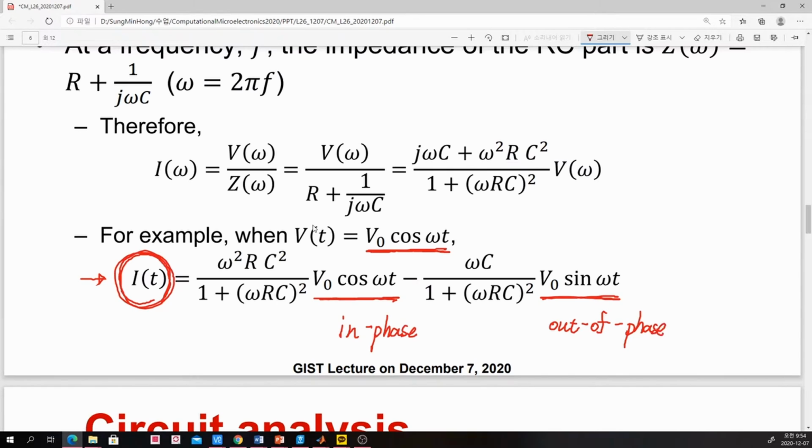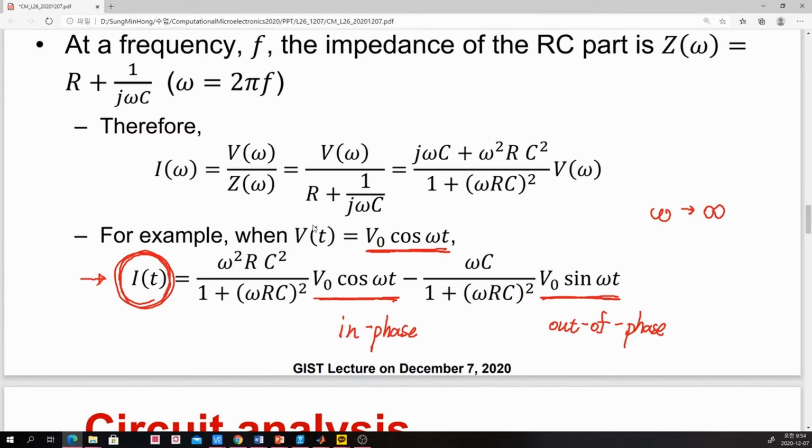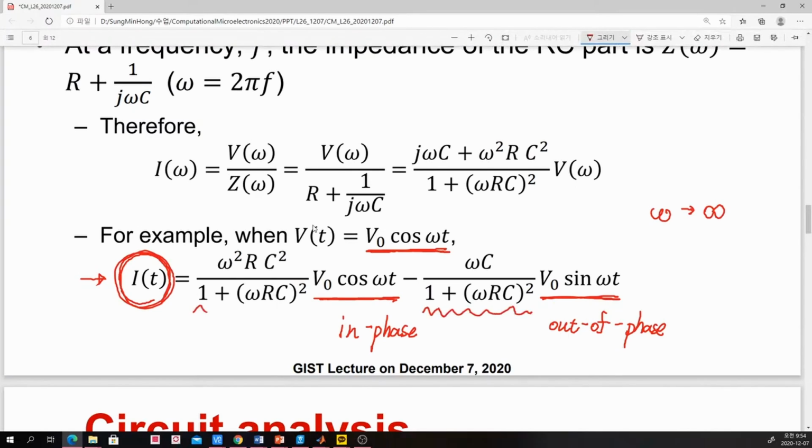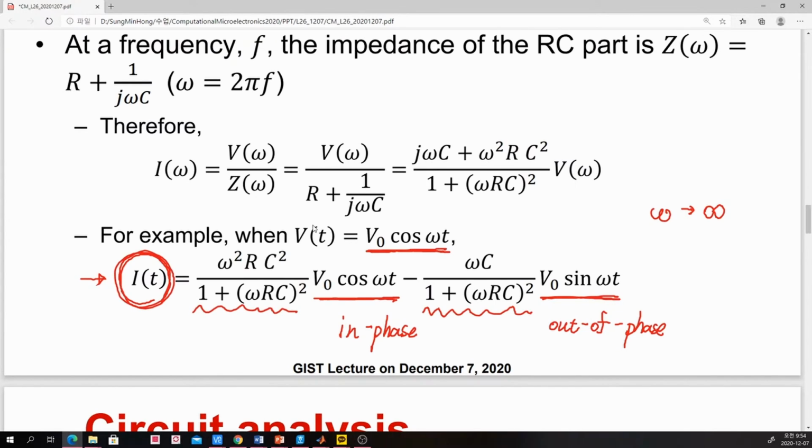Then let's say that we have quite high frequency. Then what will happen? Here we have this coefficient and this coefficient. Here we have omega squared r squared c squared, and here we have omega squared r, with c to the first order.